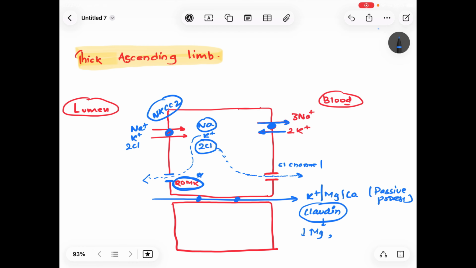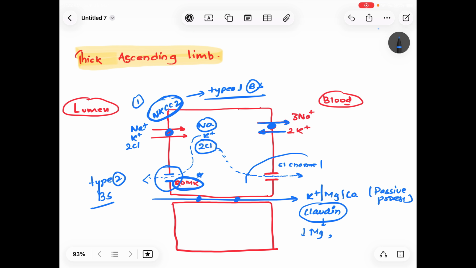So the defect in this first one, the NKCC2 channel protein, causes type 1 Bartter syndrome. The defect in this ROMK channel causes type 2 Bartter syndrome.